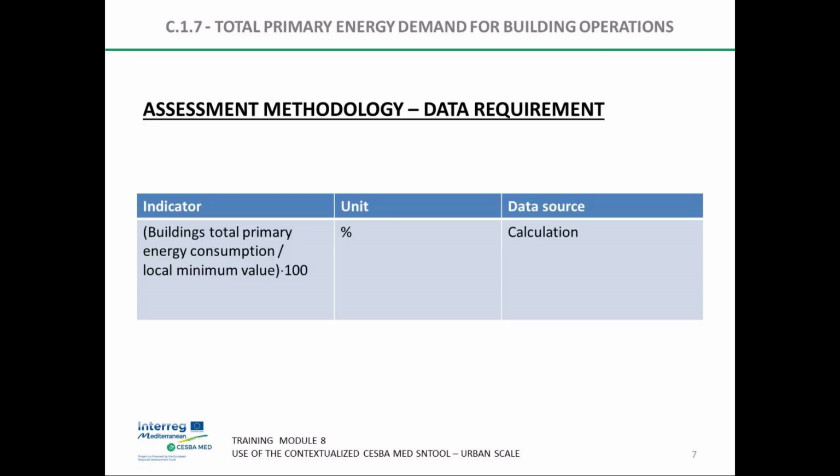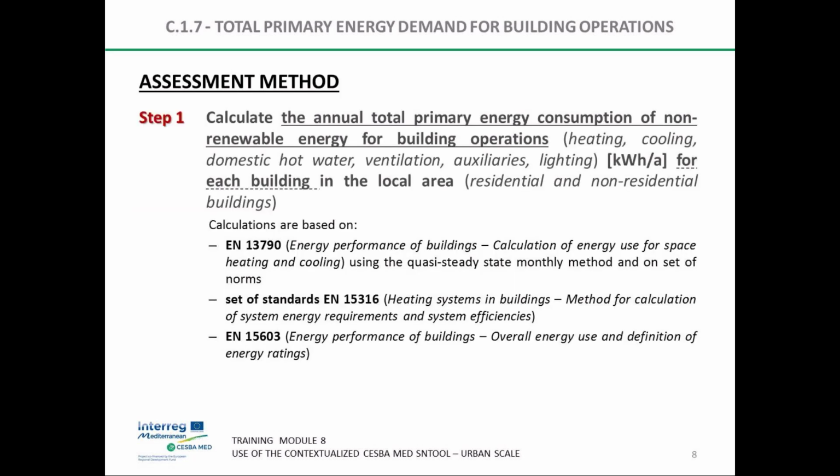So in this case, we need to obtain the building's total primary energy divided by the local minimum value. So in this case, we need to calculate the annual total primary energy consumption of renewable energy for the buildings. Calculation based on the following standards.